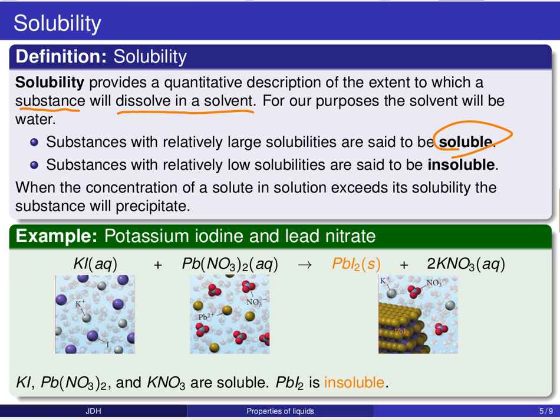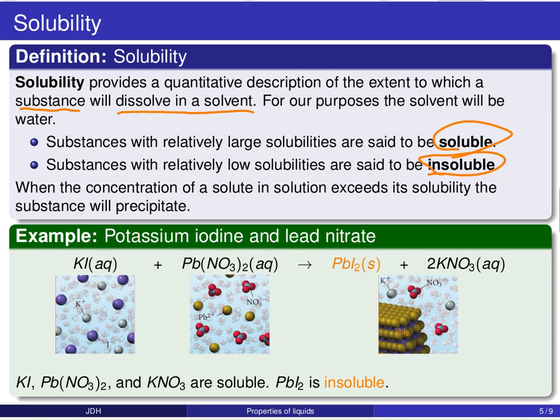And of course, substances with relatively low solubilities are said to be insoluble in that solvent, okay? And there's always a limit. Even if you have a soluble substance, that solution can only hold so much.